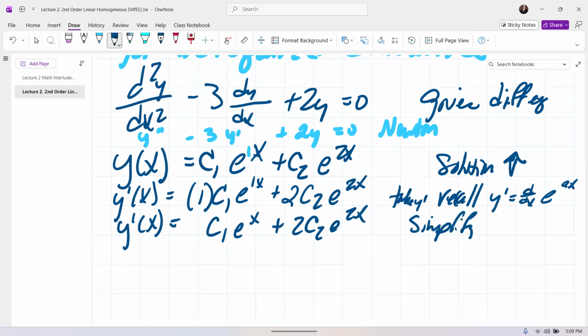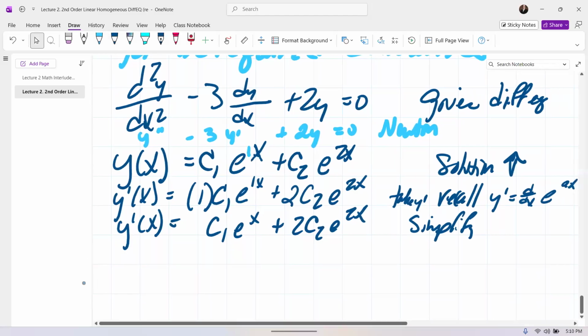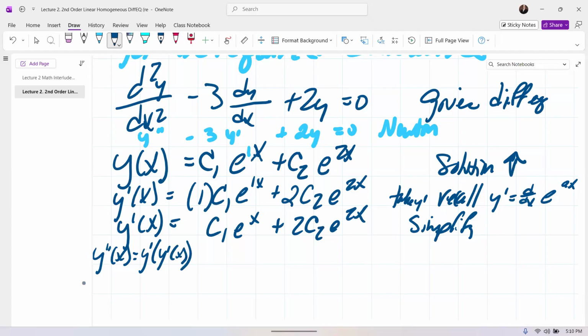All right, now the next thing we're going to do is we need to take the y double prime. So y double prime of x equals the derivative of y prime of x. In other words, take the derivative of the line above. So we will recall the same information. Okay, so we're going to have again 1 c1e to the x plus, and now we have another 2, so you have a 2 times 2c2e to the 2x.